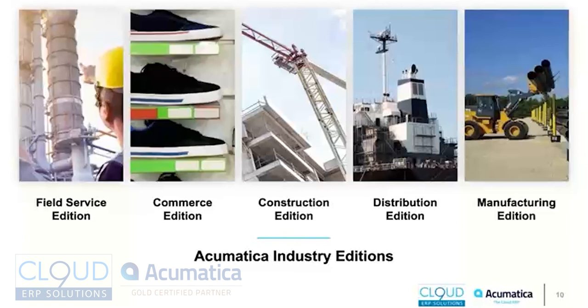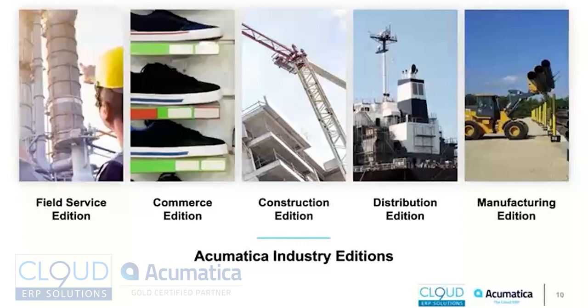But over the last couple of years, Acumatica realized that there were specific industry focuses that needed attention. So they developed a set of editions that focus on specific industries, such as field services, which really focuses on remote workers that need to be out in the field to do maintenance and service. Commerce Edition that focuses on retailers, whether they're brick and mortar or they have an online commerce site.